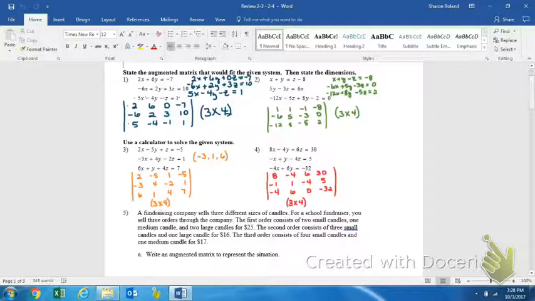And again, we put this in the calculator the same way we did the other one. You go into the matrix, edit it, and this is a 3 by 4. The moment you have -32 put in there, do not forget to get out of that matrix. You have to do second quit, or second mode, which is quit.